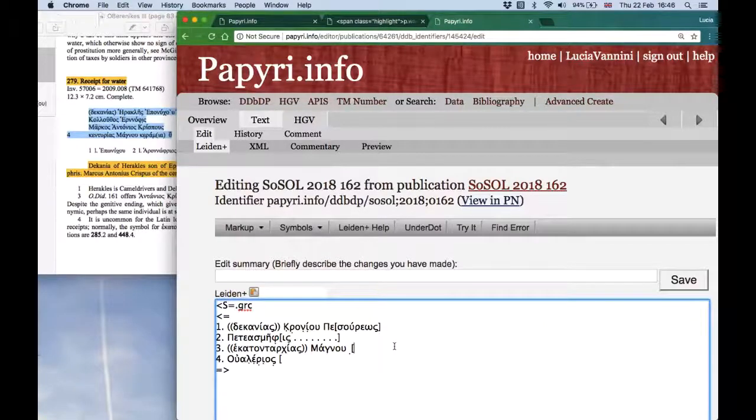And also here, to express the unknown length of the lacuna, we add a dot followed by a question mark. Otherwise, if we know how many letters are lost, we need to indicate the relative number instead of the question mark, for example, 3.